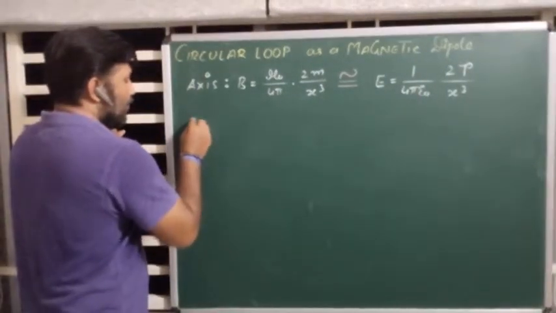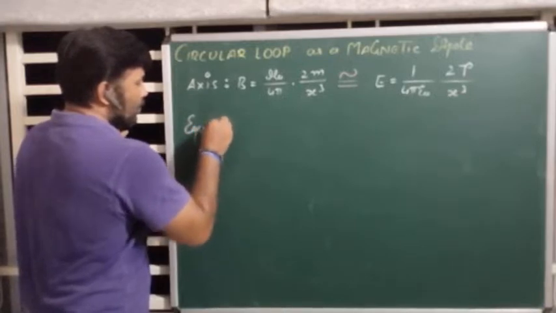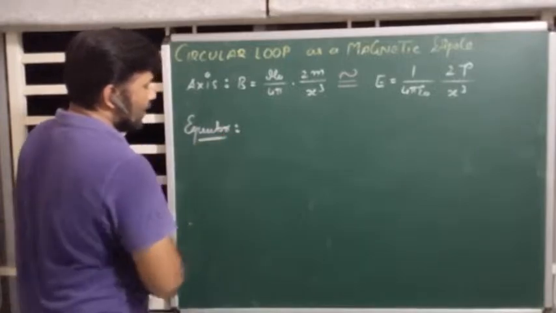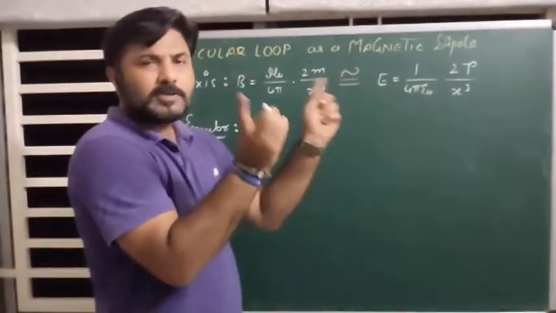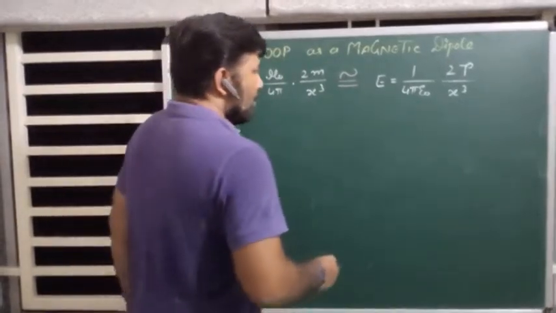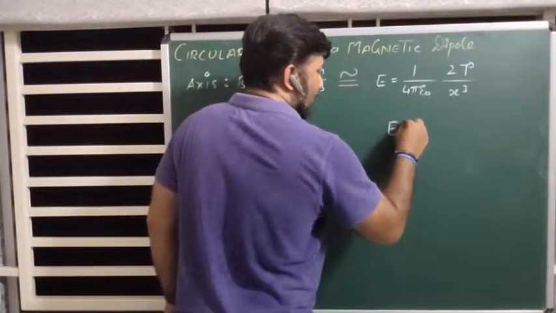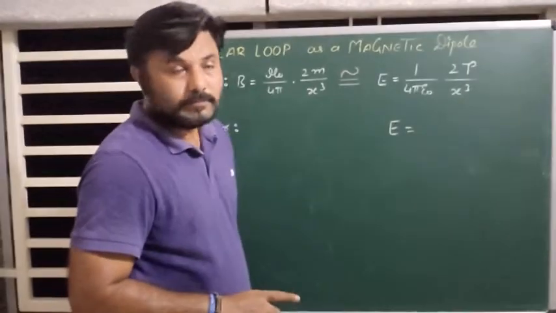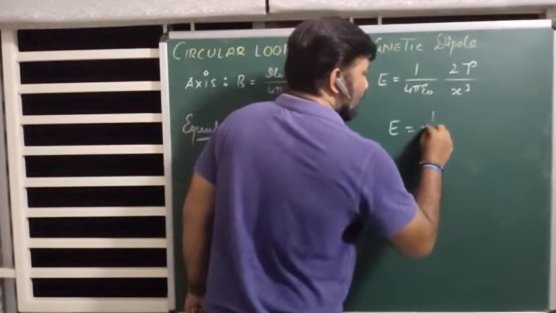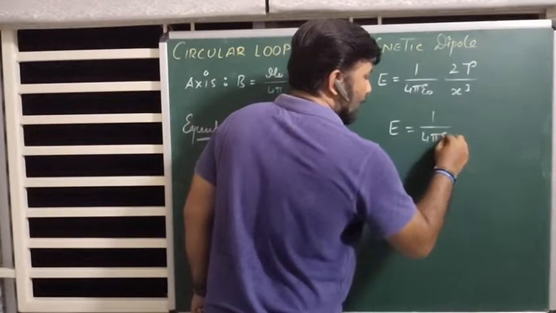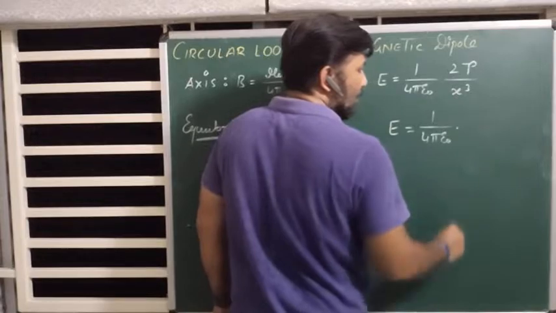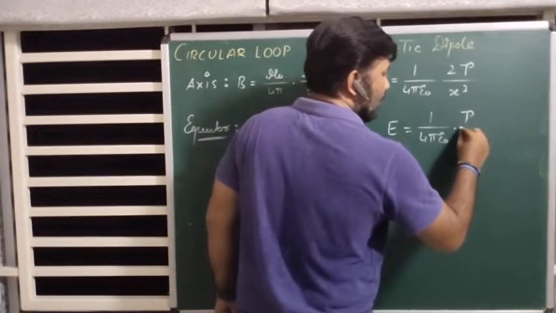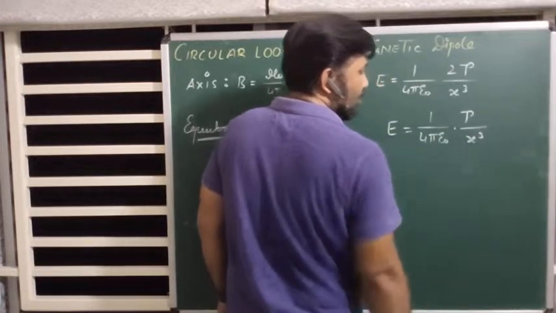Similarly, if we see the equation for equator, then let us do some reverse. What was the equation of electric field for equator? It was 1 upon 4 pi epsilon 0 multiplied by, here instead of 2p there was only p upon x cube.